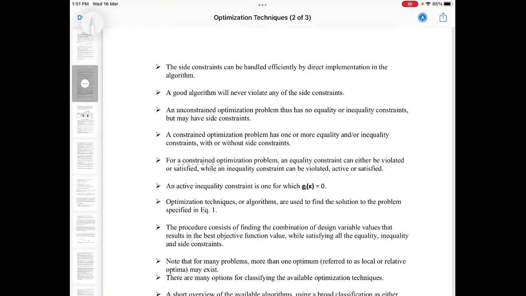For a constrained optimization problem, an equality constraint can either be violated or satisfied, while an inequality constraint can be violated, active or satisfied.